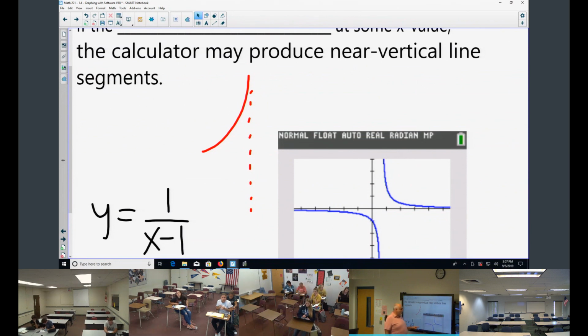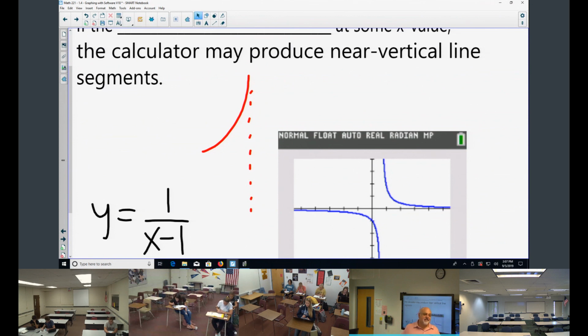And so what happens is that sometimes your calculator, if the line segment that you graph is so vertical, will actually just stop graphing it. Because a true vertical line fails the vertical line test. It's not a function.